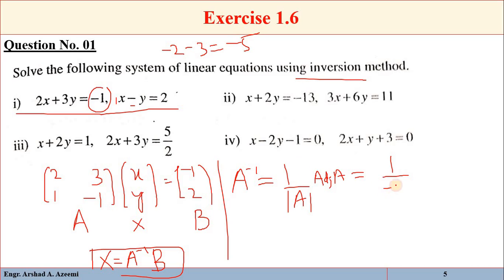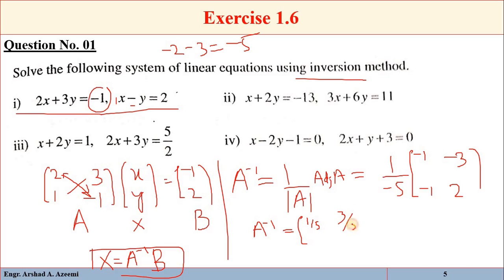Now for the adjoint, interchange these two elements, so it will be -1 and 2, and change the sign of these two elements, so -3 and -1. Now the inverse of A is 1 divided by 5, 3 divided by 5, 1 divided by 5, -2 divided by 5. This is A inverse.